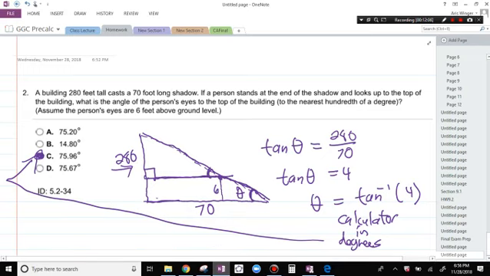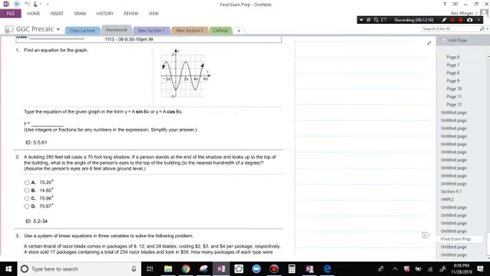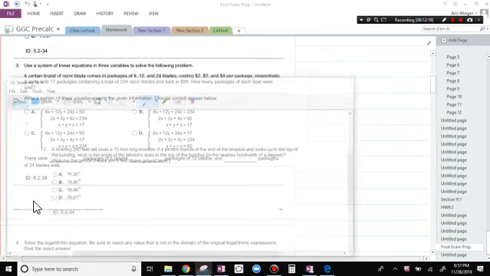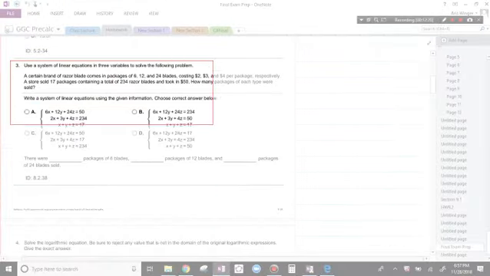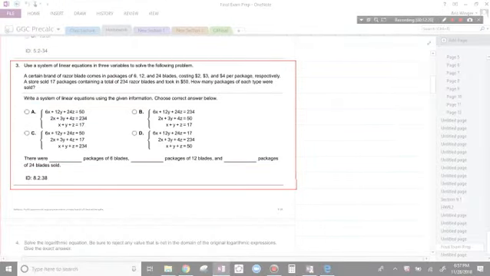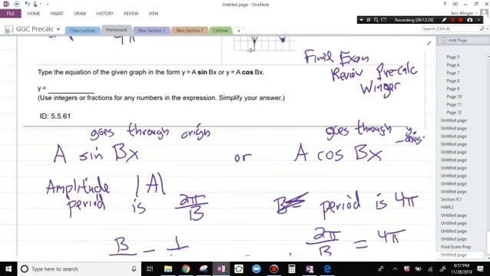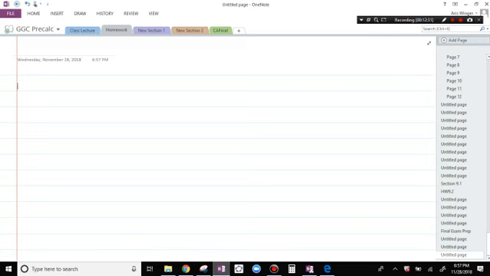Number 3. It's all calculator. Here's the story. So it's heavily calculator based. Right, so first of all, figure out which story it is.